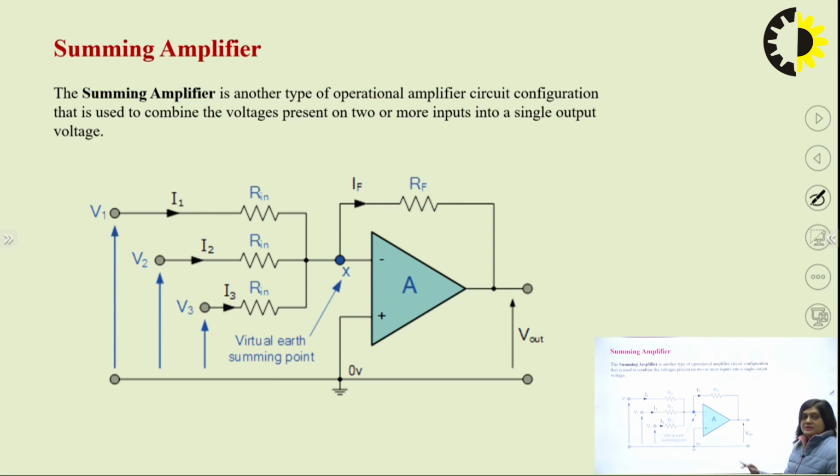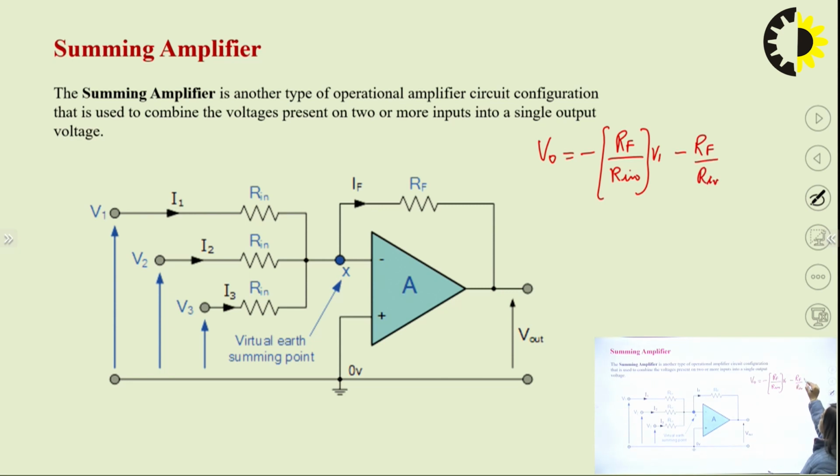So if we see the combined output, V0 would be equal to, first of all we take V1, so from V1 it would be Rf upon R1, this is for V1, and after that Rf upon Rin for V2, and after that Rf upon Rin for V3.